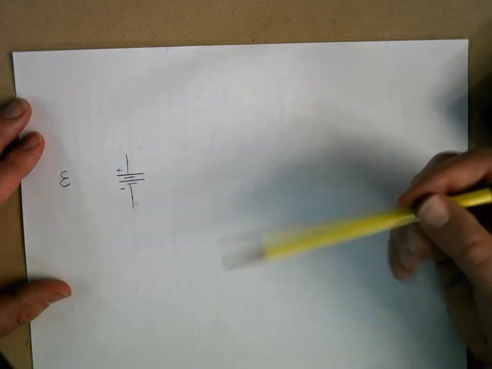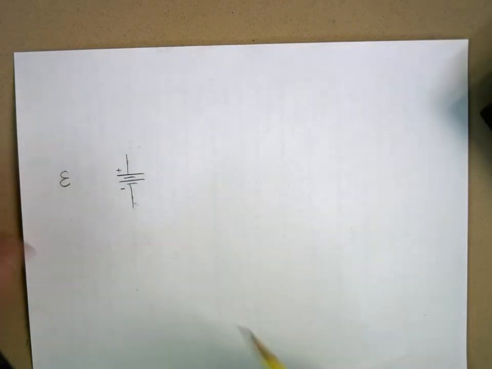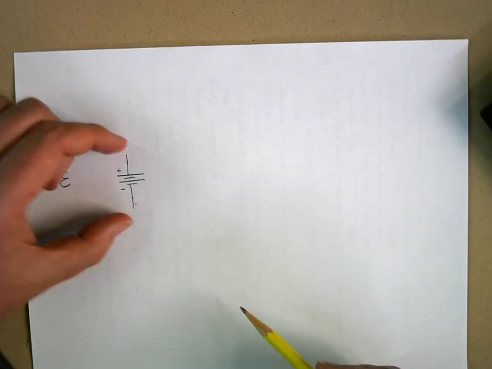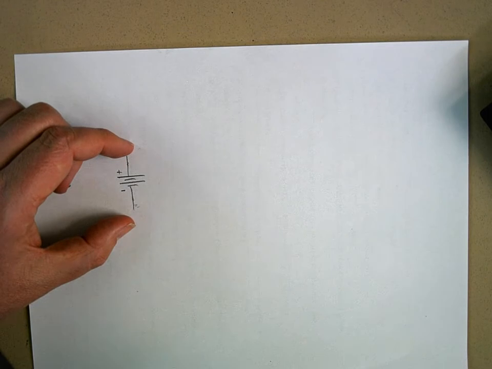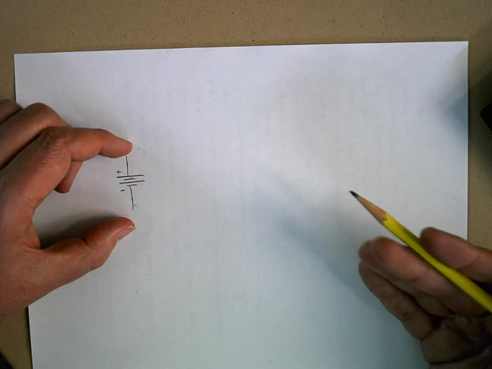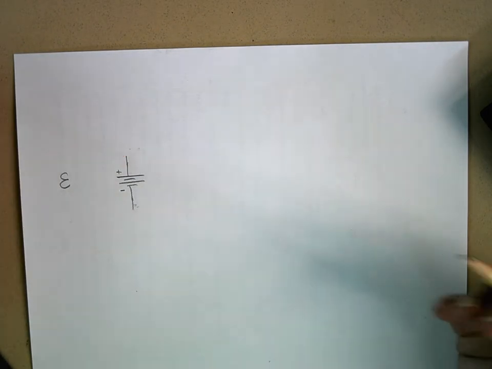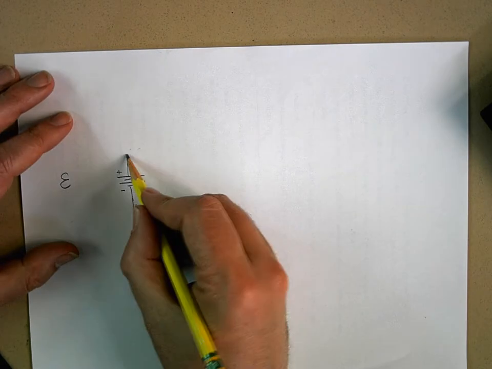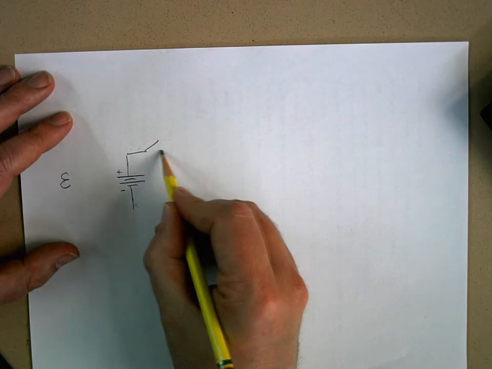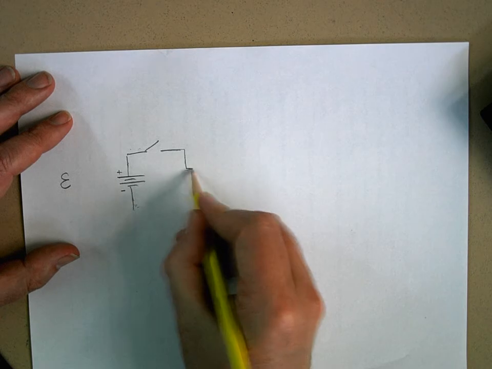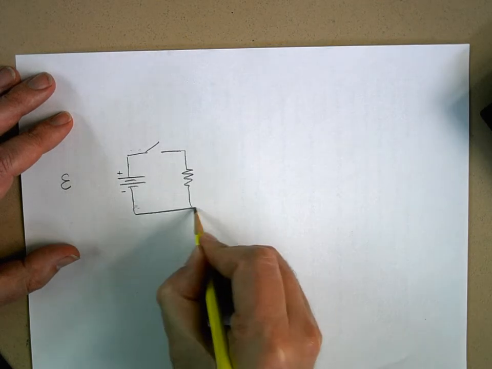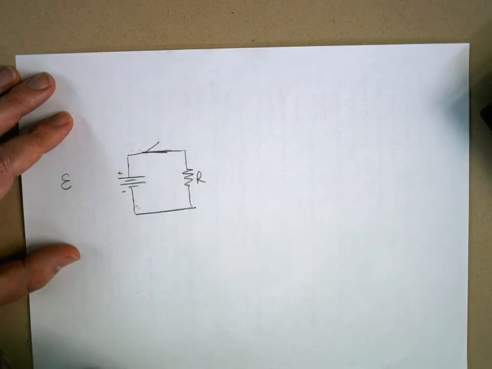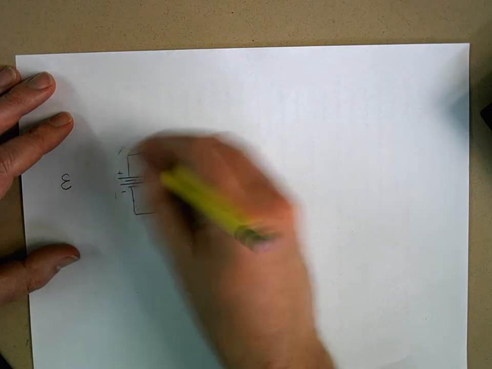And if you put a voltmeter across a battery, and there's no current flowing through it, you'll get what's called the EMF of the battery. But if you have a switch here, and you have a resistive element over here, close that switch, now you've got a current flowing in this circuit.